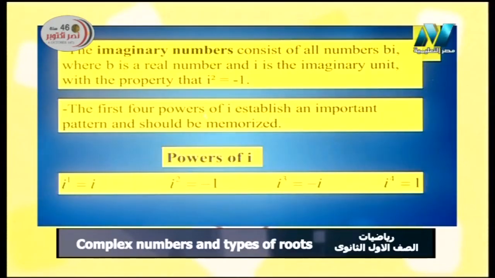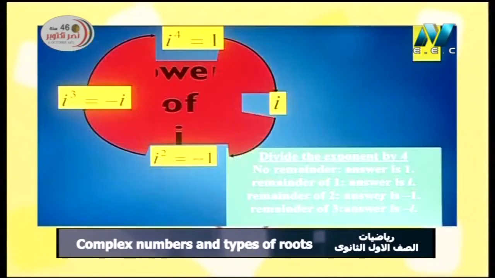We have i to the power 1 equals i, i squared equals negative 1, i cubed equals negative i, and i to the power 4 equals 1.